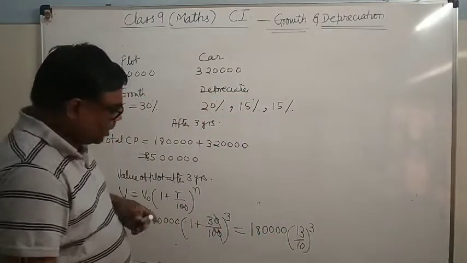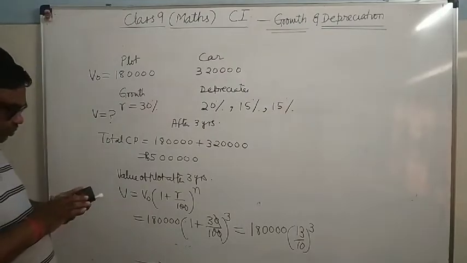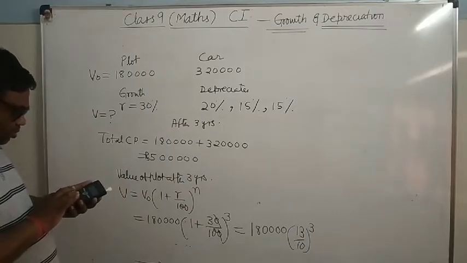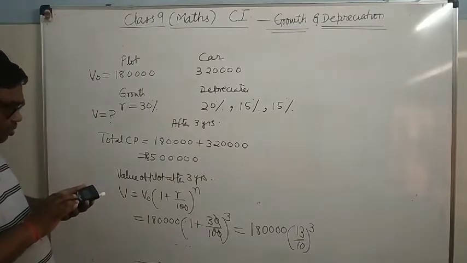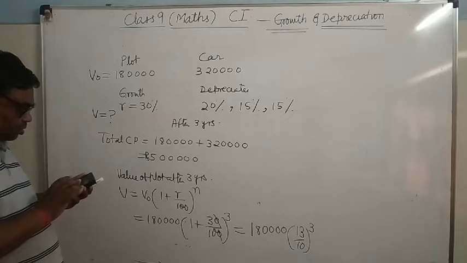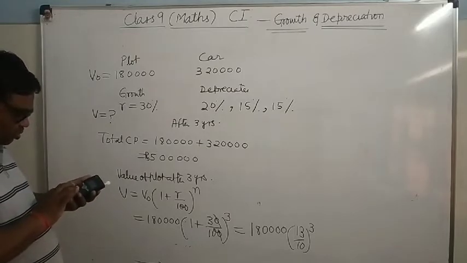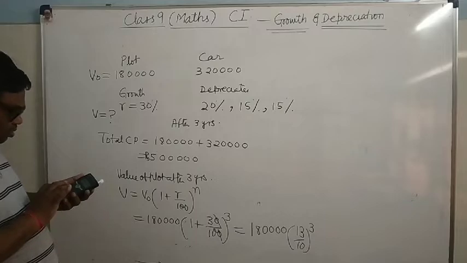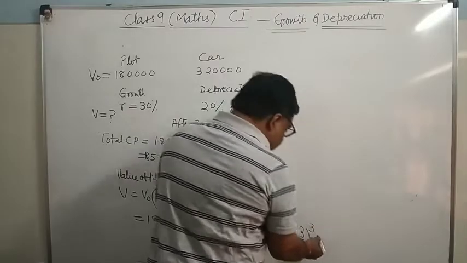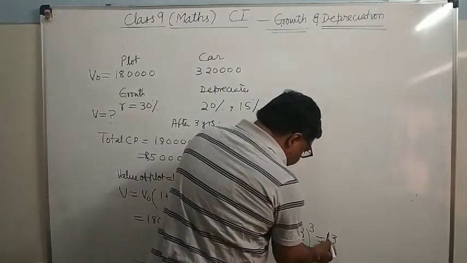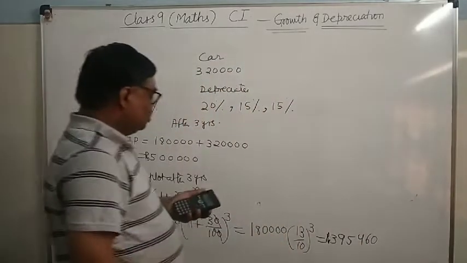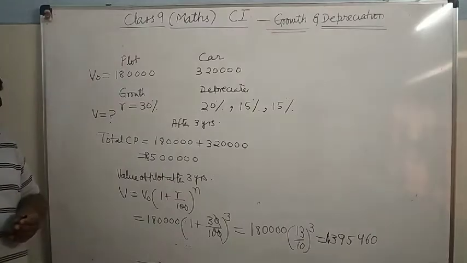So here I am doing it by calculator. So this comes out 395,460. This is the value of the plot after 3 years.